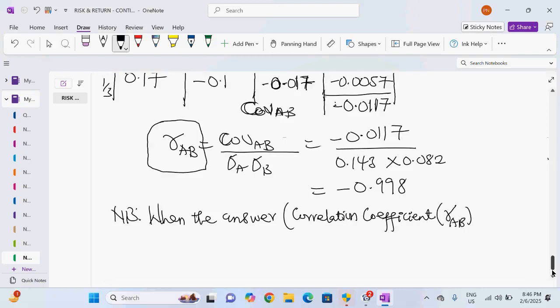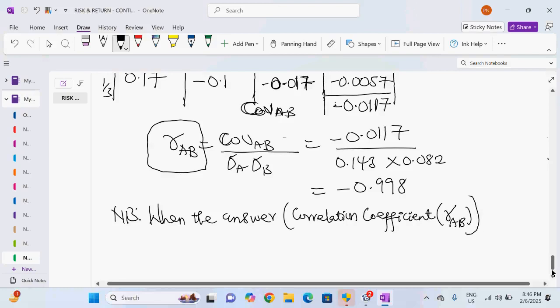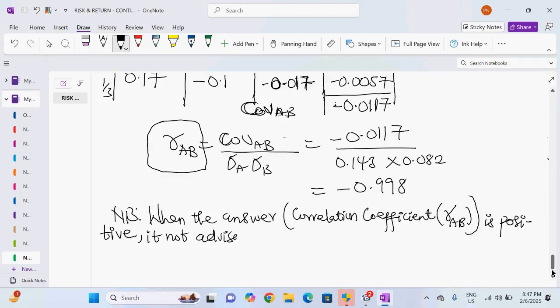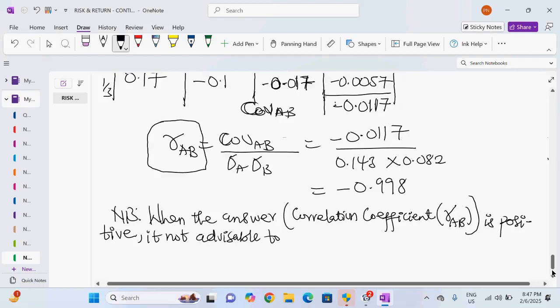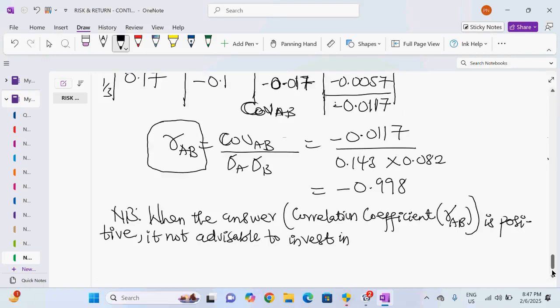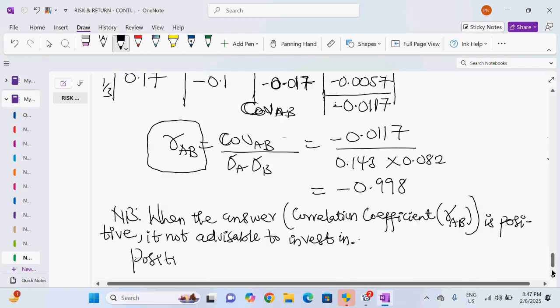If it is positive, it is not advisable to invest in it. Invest in positive relationship.